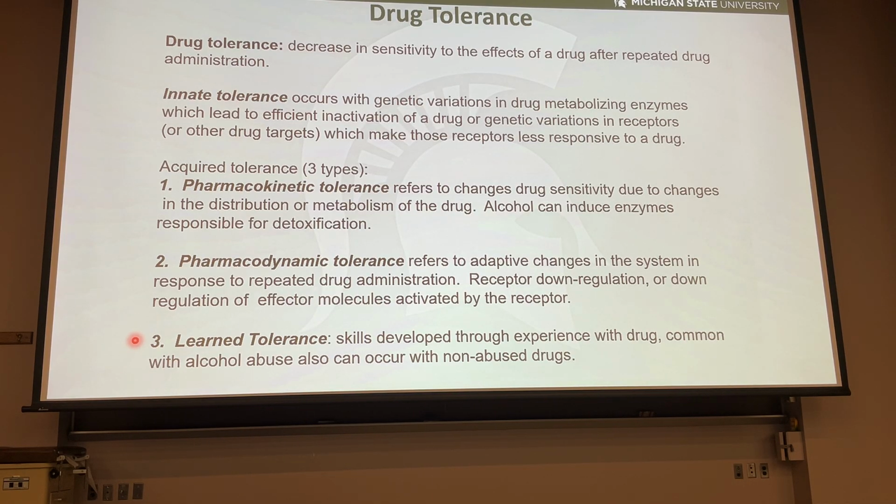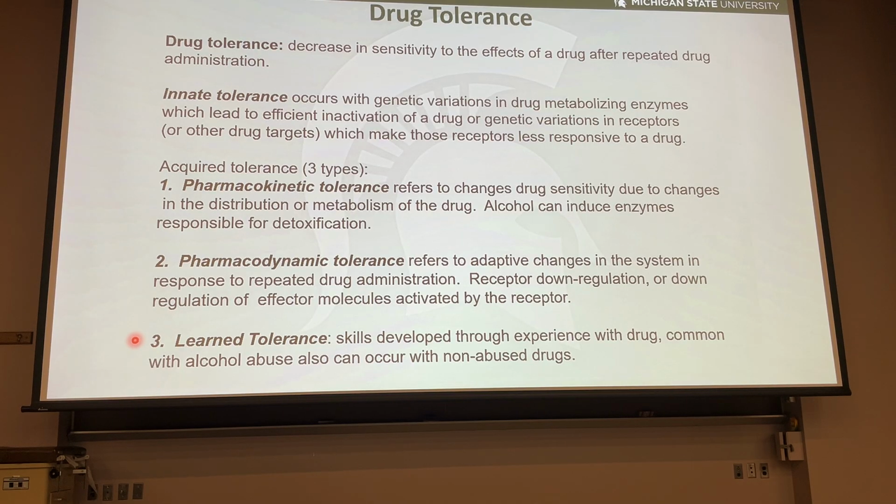Learned tolerance is skills developed through experience with the drug. Drinking and driving, I feel like, is the easiest example of that. Because you can learn certain skills for how you behave, especially the more used to the feeling of inebriation you get from alcohol, the better you can do certain things, to a very limited extent.